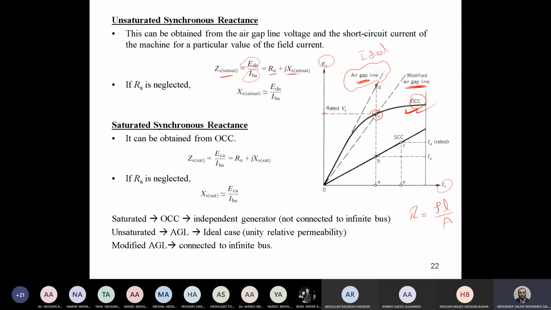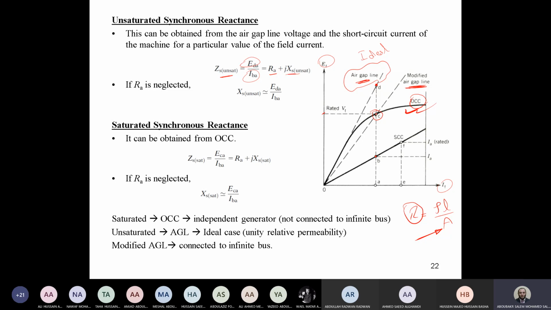If the machine is a high power machine, the current will be high. And if the current is high, the cross-section of the winding should be large, so that the resistance value will be very small. So for any large machine, if the power is high, we expect high current and low resistance.